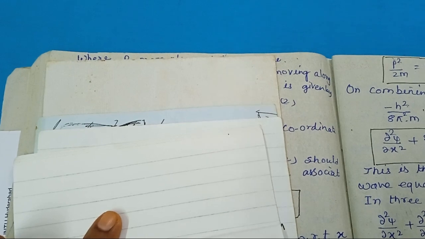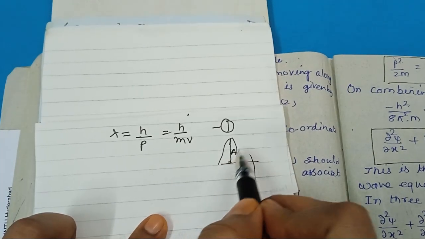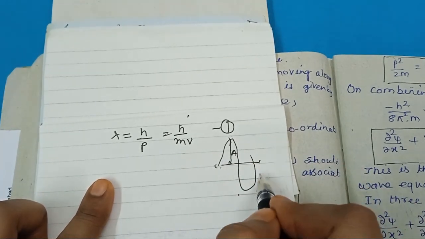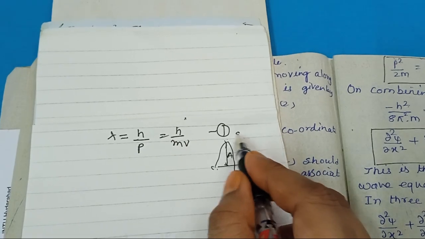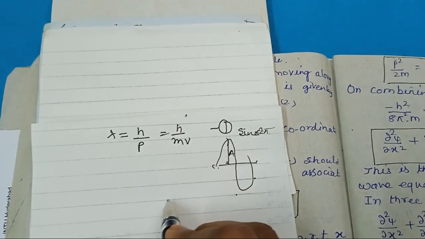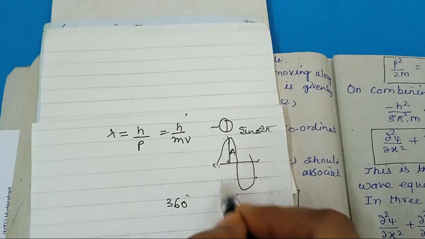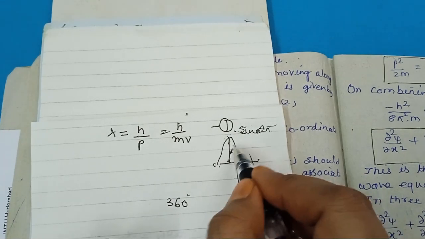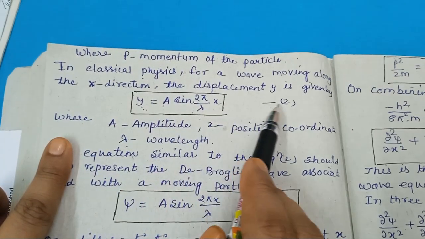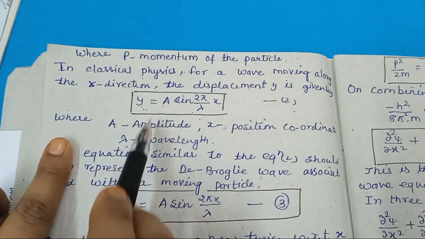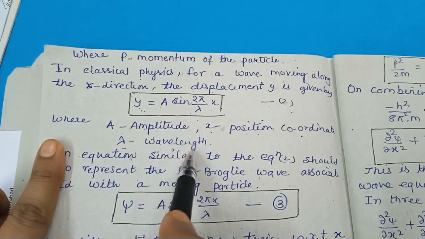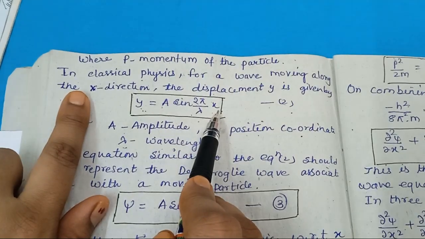We express any wave in sine, because one circle is 360 degrees, which is 2 pi, and lambda is the wavelength. This is equation number 2, where a is the amplitude and x is the position coordinate, because we are moving in the x direction.